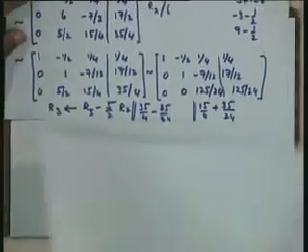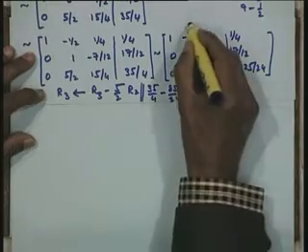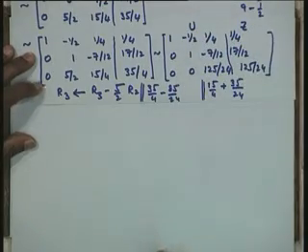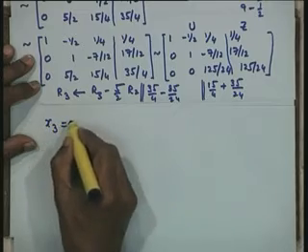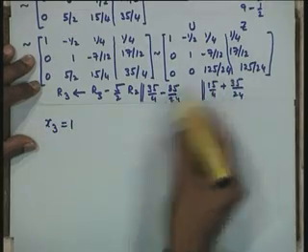Now, the system is complete. We have now got our U and z. Therefore, for the last variable, x3 is equal to 1. These two elements are the same. So, x3 is equal to 1.